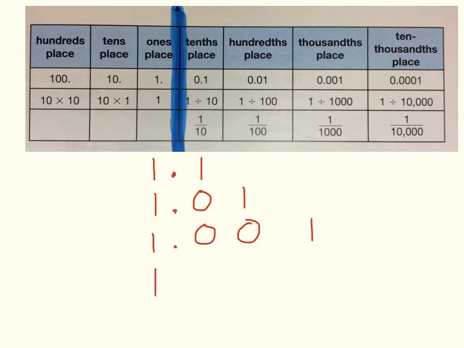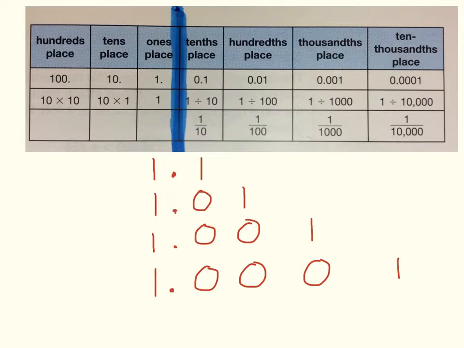And the last one we will look at is 1 and, which is your decimal, 10,000th. So as you can tell, its location determines its place value.